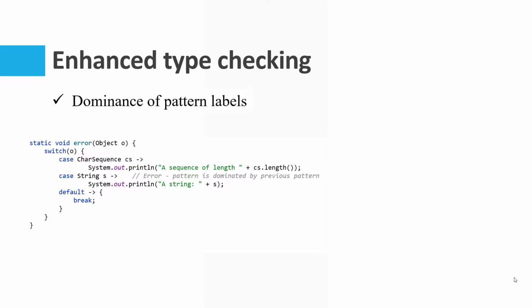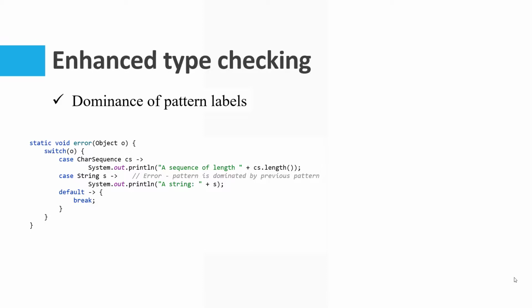A pattern label of the form case P, where P is a total pattern for the type of the selector expression, dominates a label case null. This is because a total pattern matches all values, including null. A pattern label of the form case P dominates a pattern label of the form case P && b, where the pattern is a guarded version of the original pattern.